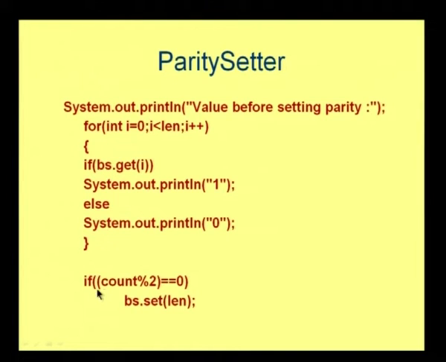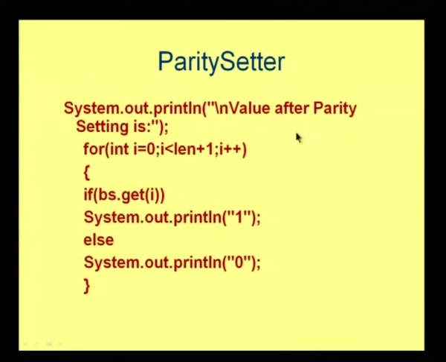Then I check the count, that is, I am checking the parity. If the parity is even, I set that to a particular value, and then print the value after parity setting. After setting, I access the same BitSet values, the same zeros and ones.